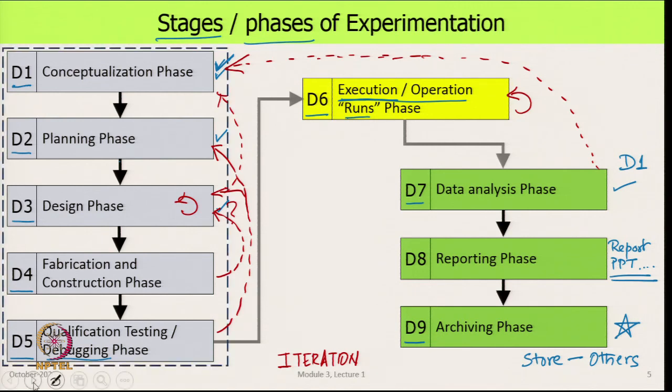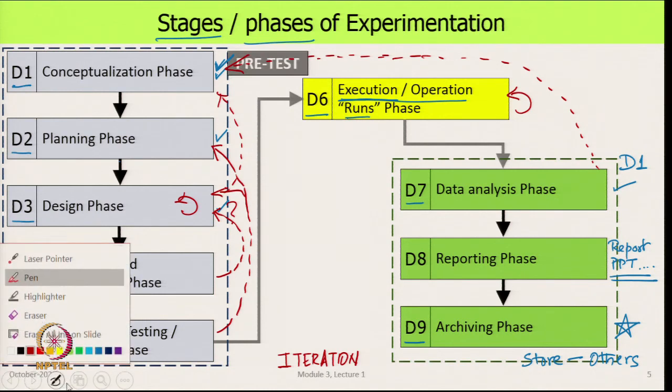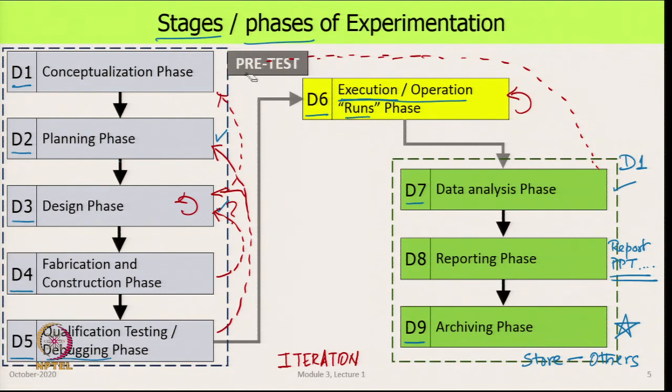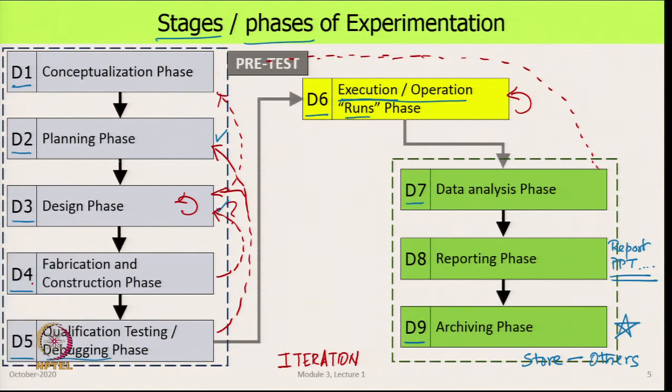So, all these stages can be organized in two broad categories. One is stages D1 to D5 and the second is D7, D8 and D9. So, these are stages that are before the execution phase and these three are after the execution, and that is what we have been calling so far the pre-test set of activities.